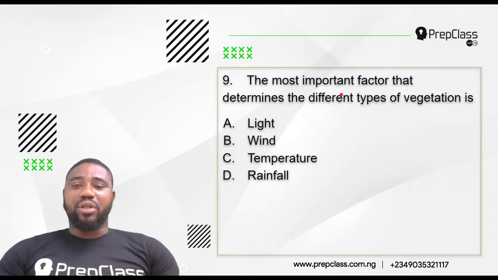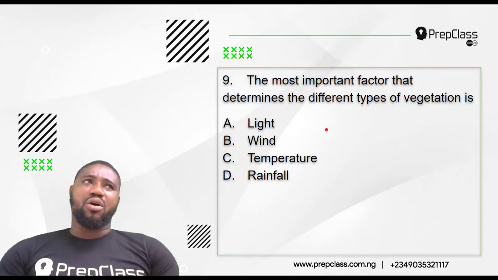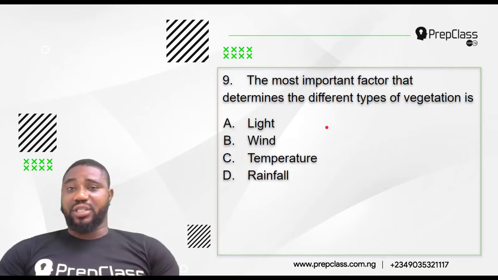The most important factor that determines the different types of vegetation: is it light? Is it wind? Is it temperature? Is it rainfall? Now, they didn't ask this question maybe since they are mentioning vegetation, they are talking about terrestrial habitat.